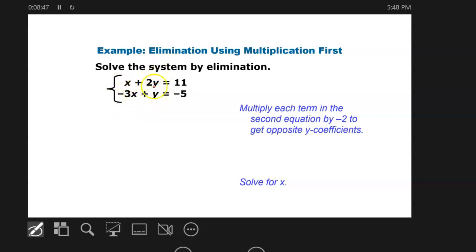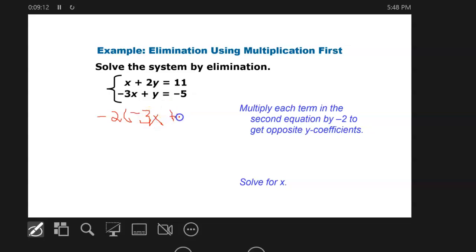I'm going to eliminate the y variable. Since this is a positive 2, I know that if I add negative 2 to positive 2, it gives me 0. So that is why we have to multiply each term in the second equation by negative 2.